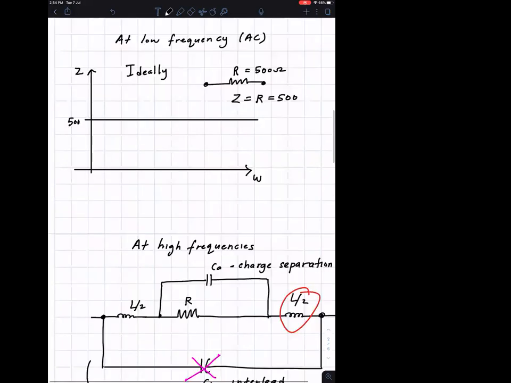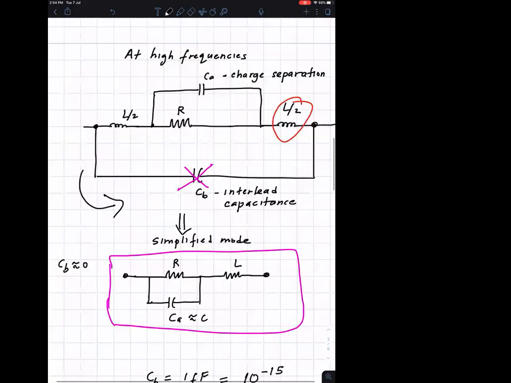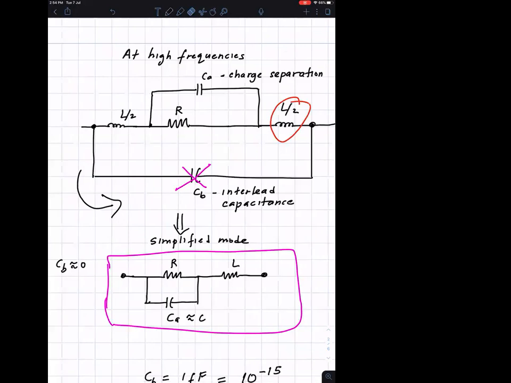But when you take into consideration the parasitics, like these are the parasitics you have, the lead inductance, all this will get magnified at high frequencies.